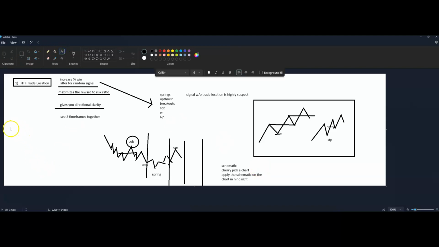Okay. So how he got his trade location was he usually used a 3-hour chart. He would make sure that the 3-hour chart was uptrending or downtrending.